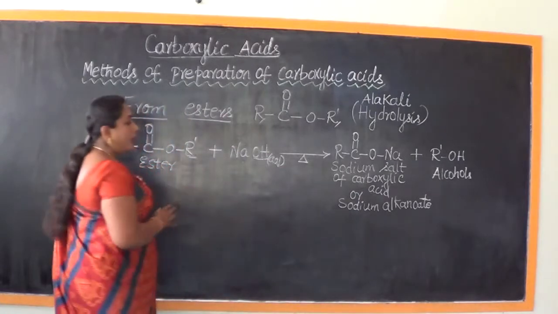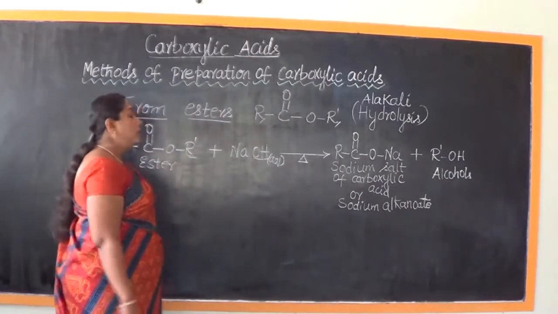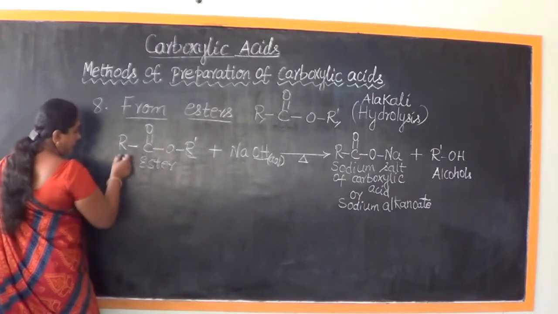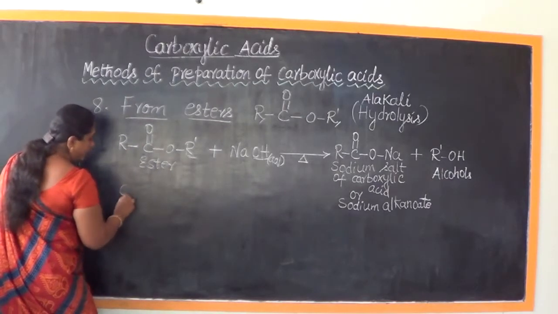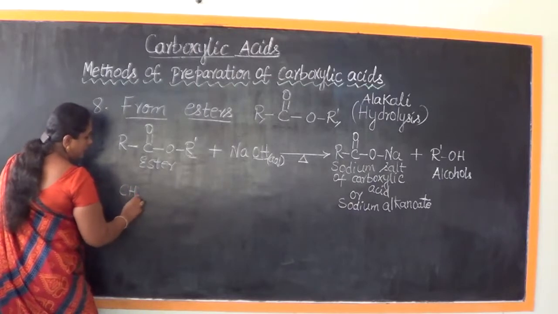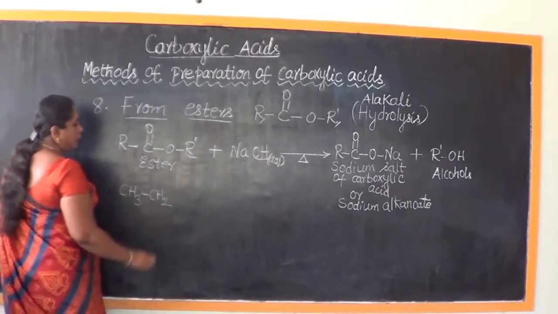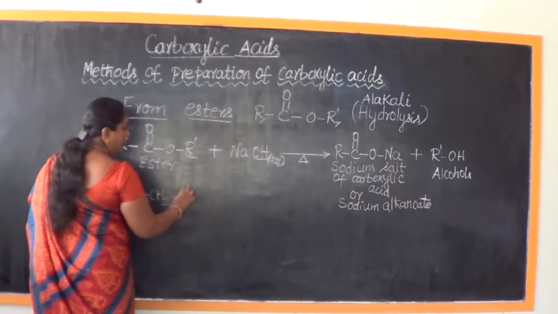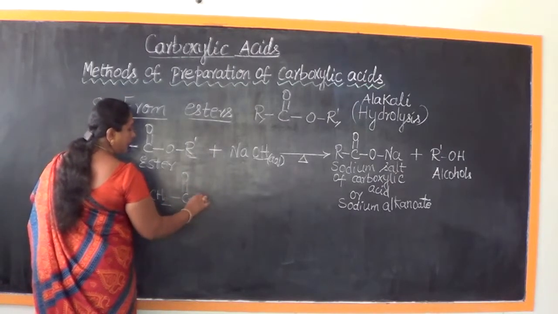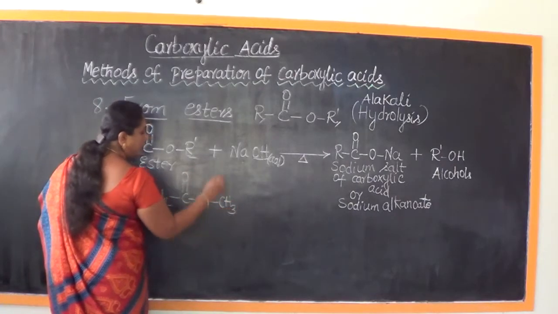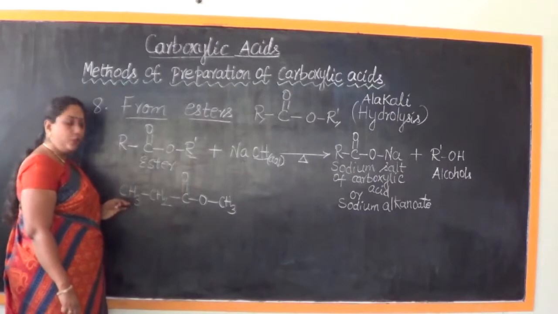Now let me write an example case so that this concept is understood better. Let me replace this R with CH3CH2, that is the ethyl group. Then the ester constituent, this R dash, let me replace it with a methyl group.